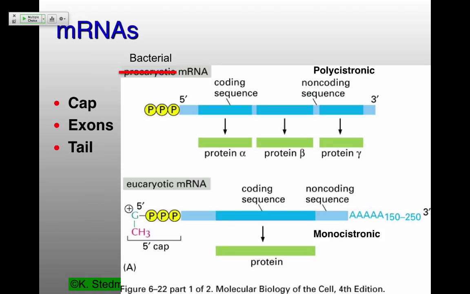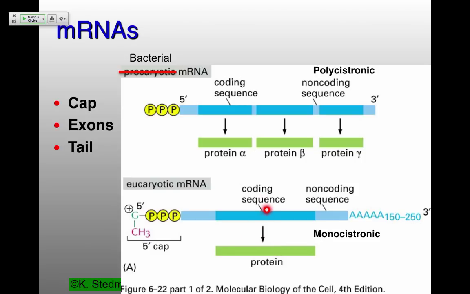So these messenger RNAs, in eukaryotes, they're going to have a cap, exons, and a tail. You've got to go from intron-containing to just exon-containing and get your tail. That's what we have down here at the bottom. Eukaryotic messenger RNAs have this 5' cap structure. We'll look at this in more detail in just a second.